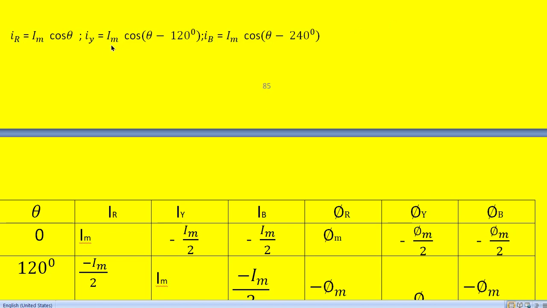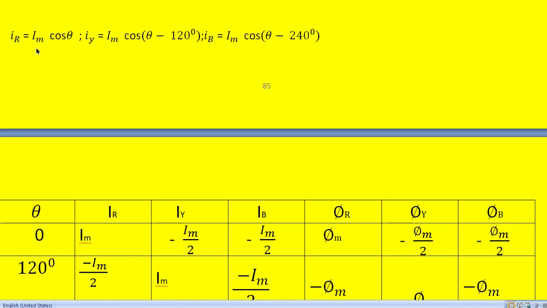So let us see what is going to happen to the IR value, IY value and IB value at each theta. Let me form a table like this. This is theta, and this is IR, this is IY, this is IB, and the corresponding fluxes, that is phi R here, phi Y and phi B.